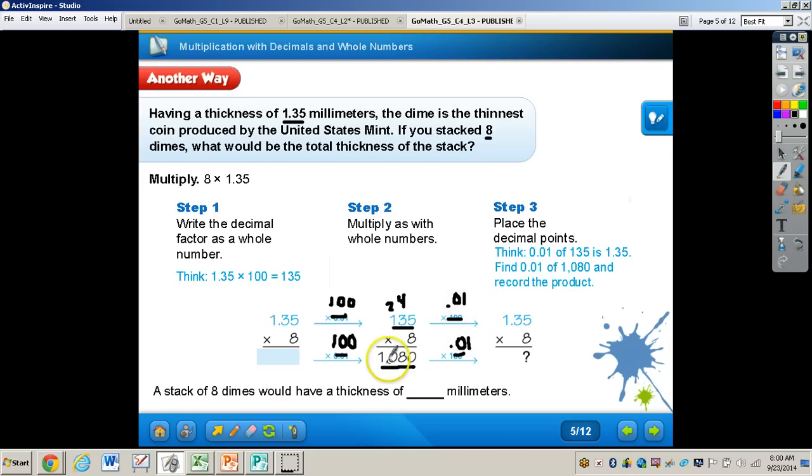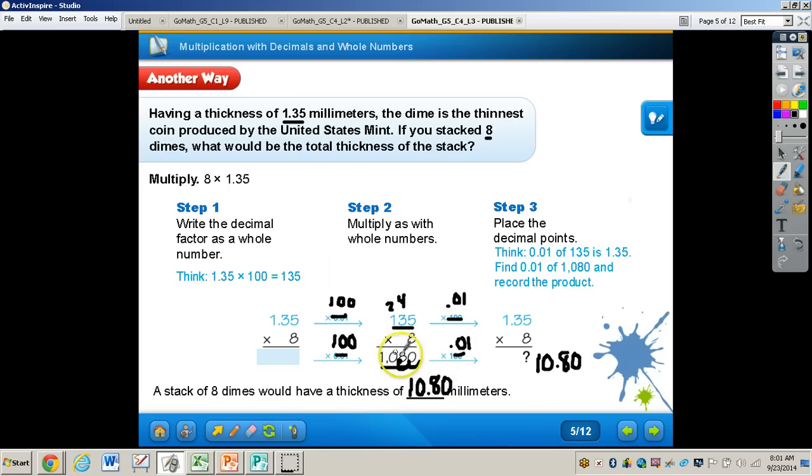So we take that 1080, take your decimal point, understood on the right-hand side of that ones place, move it 2 places to the left for 10 and 80 hundredths. Okay, so now we know a stack of 8 dimes will have to have a thickness of 10 and 80 hundredths millimeters.